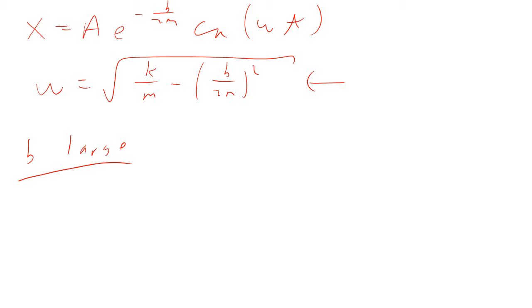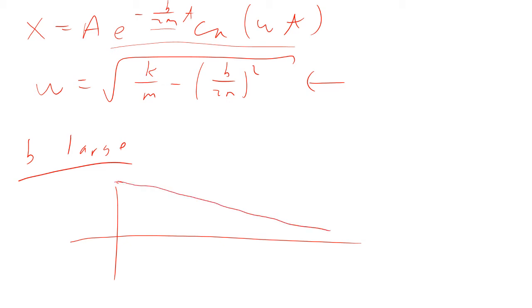So what will happen is that you will end up with something that is almost e to the minus b over 2m t up here, slightly off. So we have e to some number that gradually decreases. It just gradually drops down and asymptotically approaches zero. We call that overdamped.